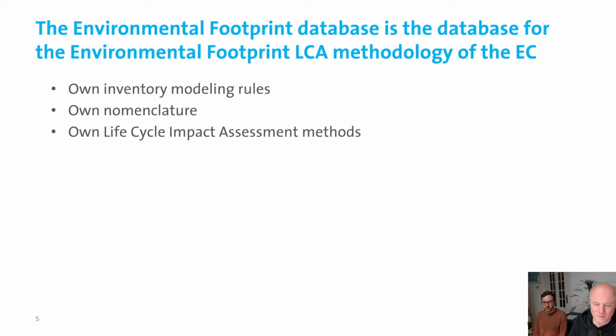So, for example, the circular footprint formula to take care of previous and next life cycles, but also other things. You have your own nomenclature for flows and things, and you have your own life cycle impact assessment methods. And now, it's of course interesting to check where you can get the datasets from.